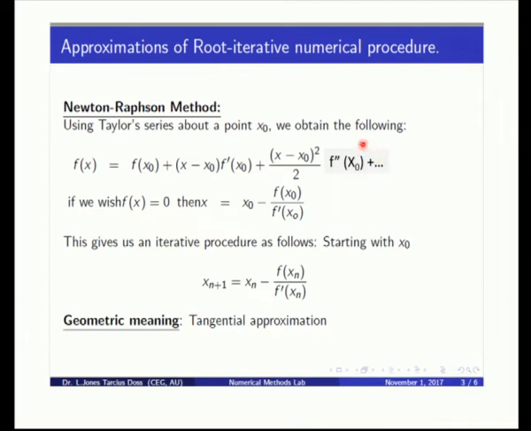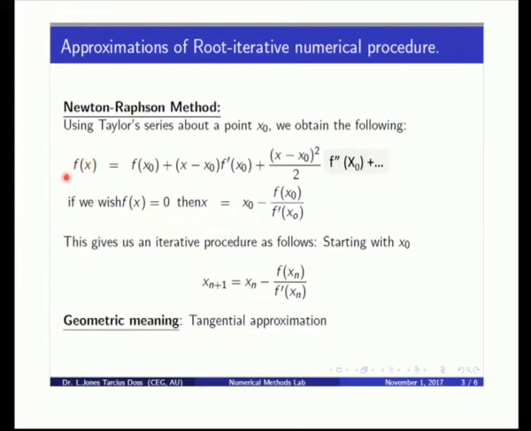We are going to ignore the higher order terms, the second derivative and the quadratic term (x minus x naught) squared, because that gives higher order error. And we wish that this f of x could be a root. That means this x, the new x, could be a root of f of x.